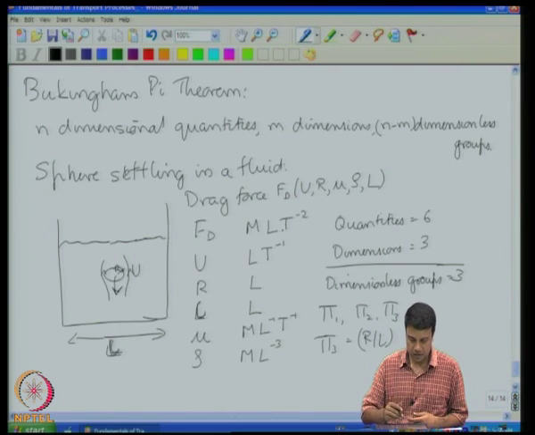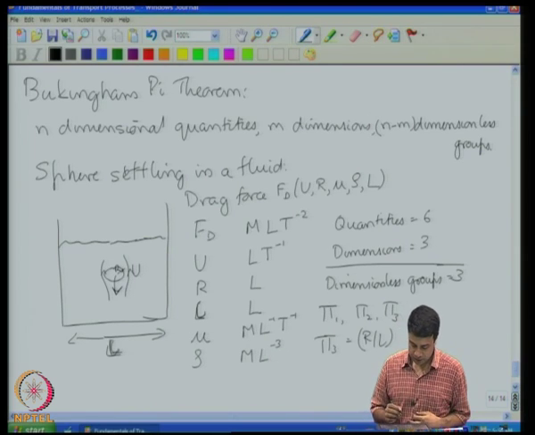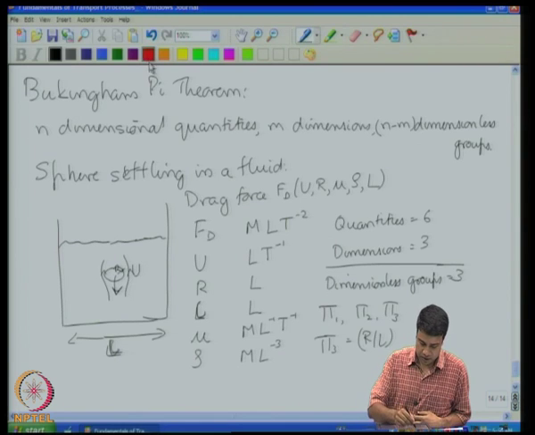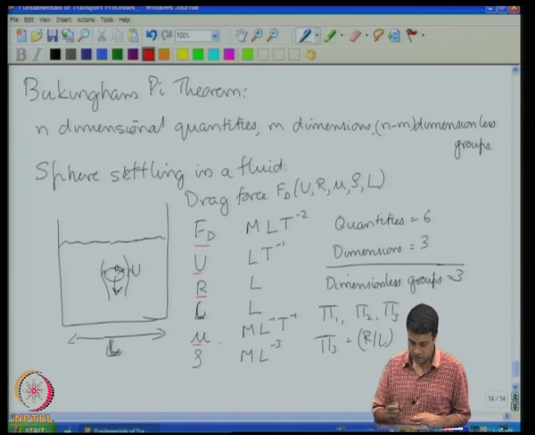Therefore, I need another 3 of the other quantities in order to form a dimensionless group. There is some subjectivity in how you choose these dimensional quantities for assembling a dimensionless group, and for the present I will choose the dimensional quantities as force, the velocity, the radius and viscosity, and assemble a dimensionless group from these 4.